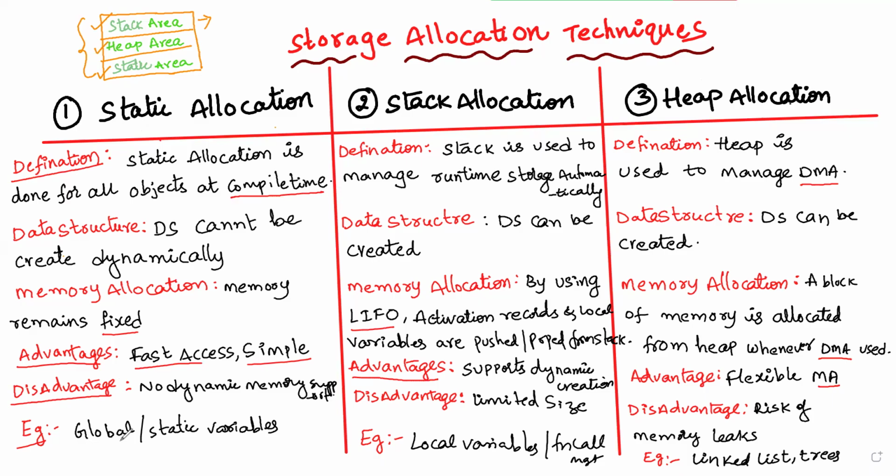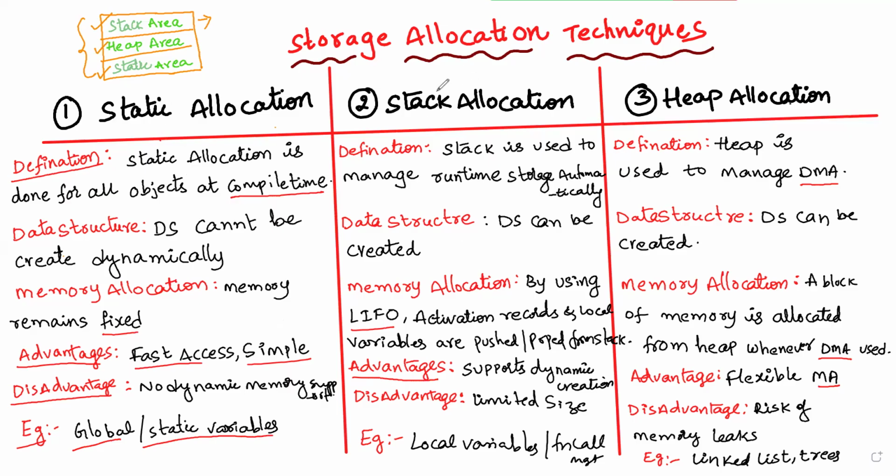The final one is the examples. Examples of static are global or static variables. So when you declare the variable as global or static, it comes under static allocation.